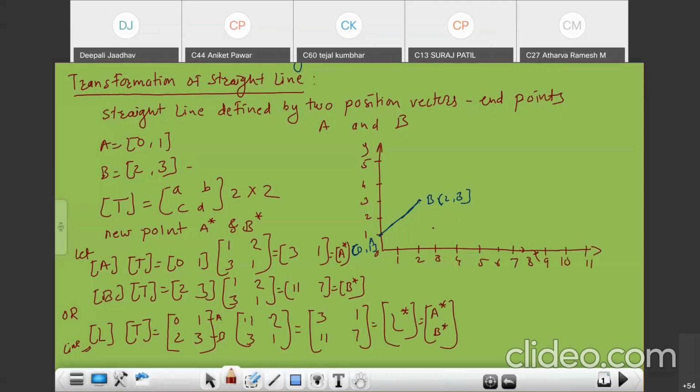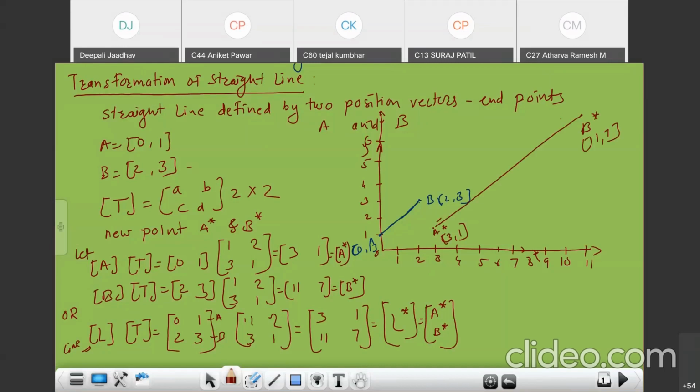And here 6 and 7. So 11, 7 is somewhere here. And this is our new line: A star with 3, 1 and B star with 11, 7. X is 11 and Y coordinate is 7.